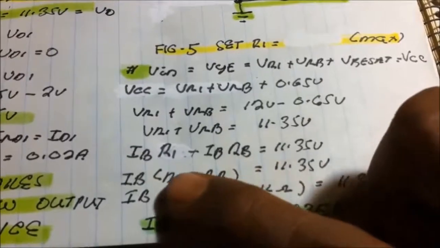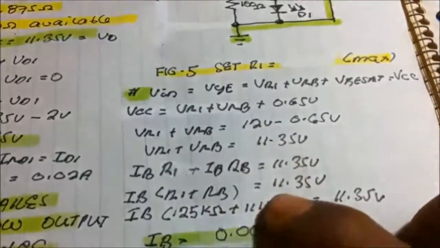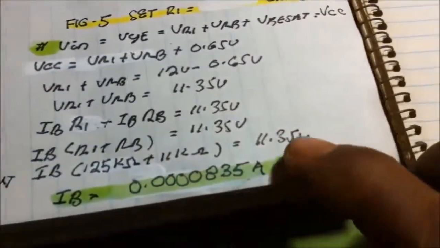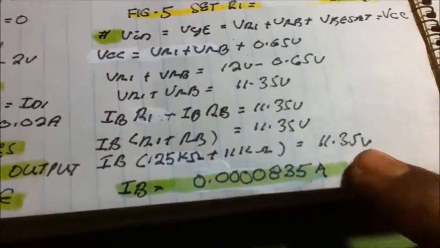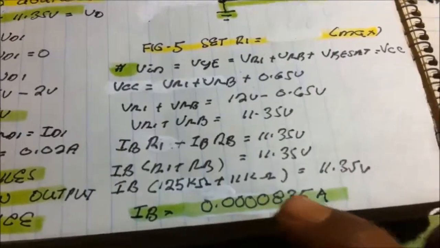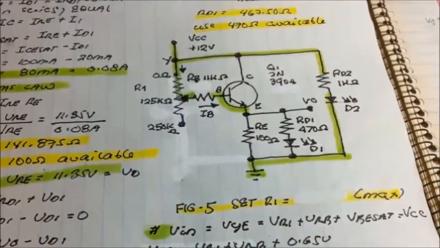Substituting IB, the same base current since they are in series, and simplifying, we got the base current of 0.0000825 ampere. That is now our base current.